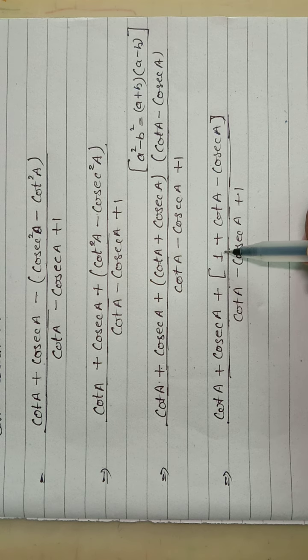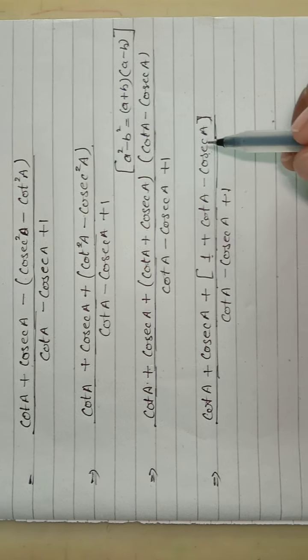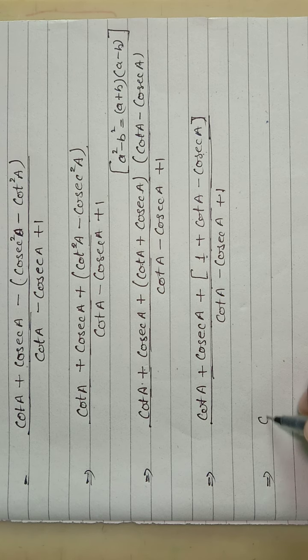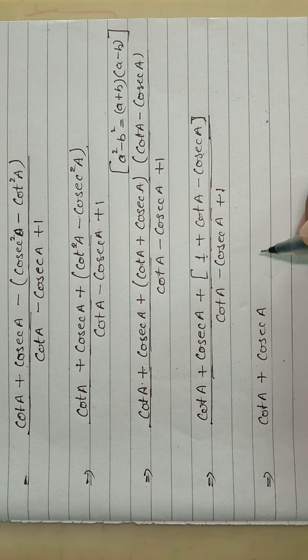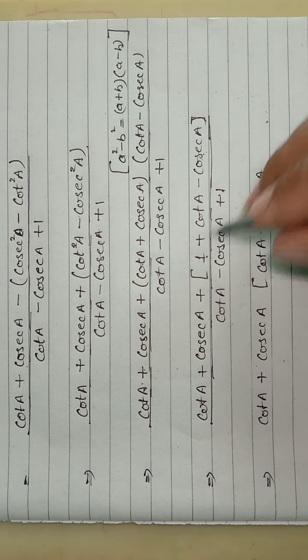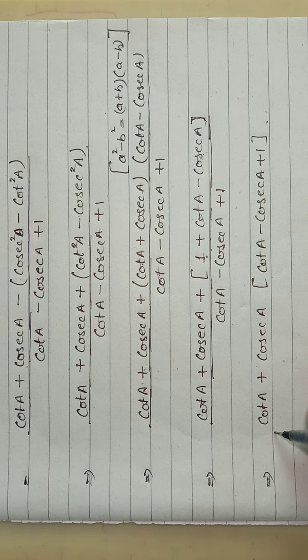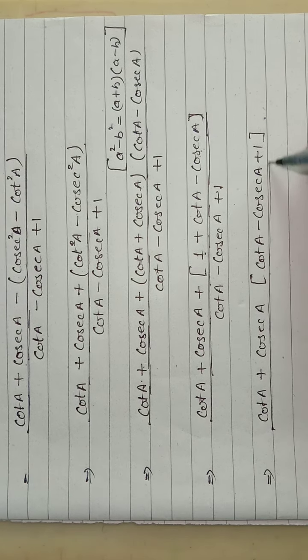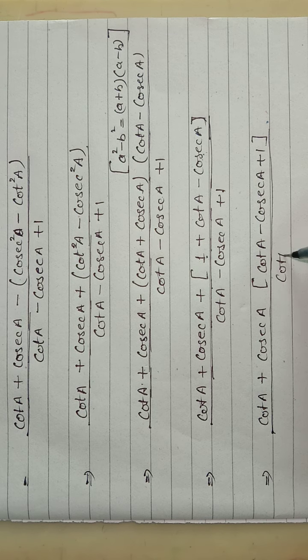See here, this is a positive 1, this is a positive cot, and this is a negative cosec. So we can write this step in this way: cot A plus cosec A, and then cot A minus cosec A, then plus 1, and the denominator you can write like this: cot A, negative cosec A, plus 1.